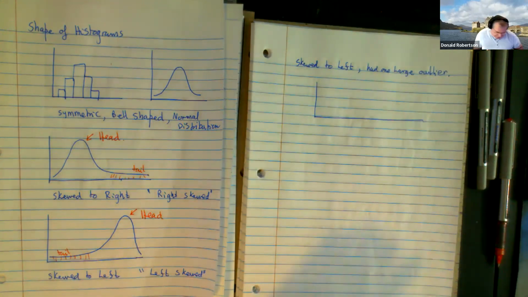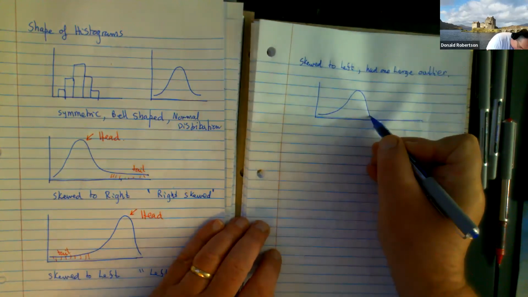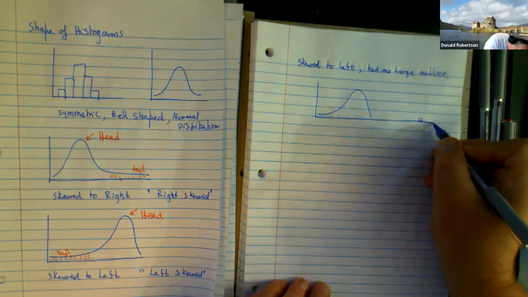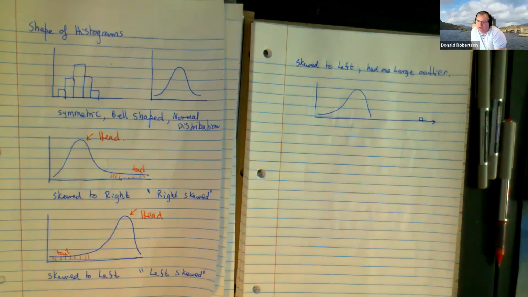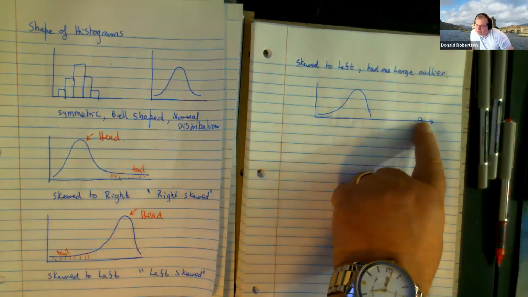It's skewed to the left, so shouldn't it look like that? And one very large outlier. Would you agree that's maybe what you were visualizing? Skewed to the left. See your little tail? Skewed to the left. And one extreme large outlier.